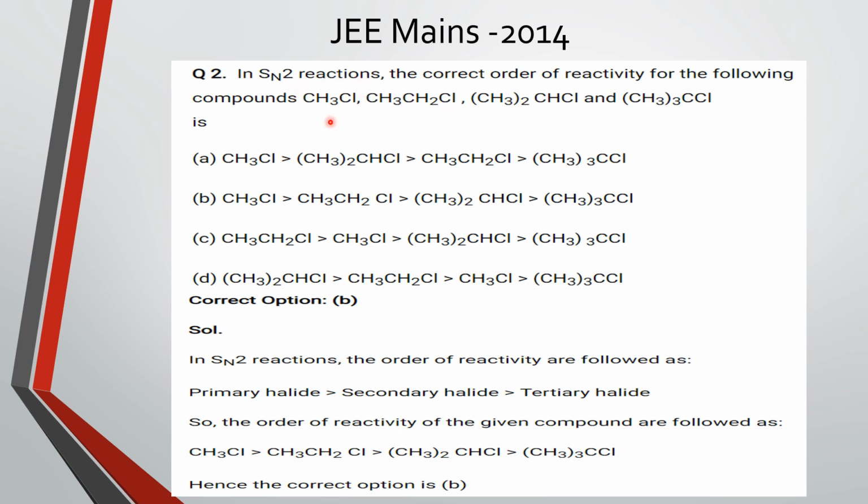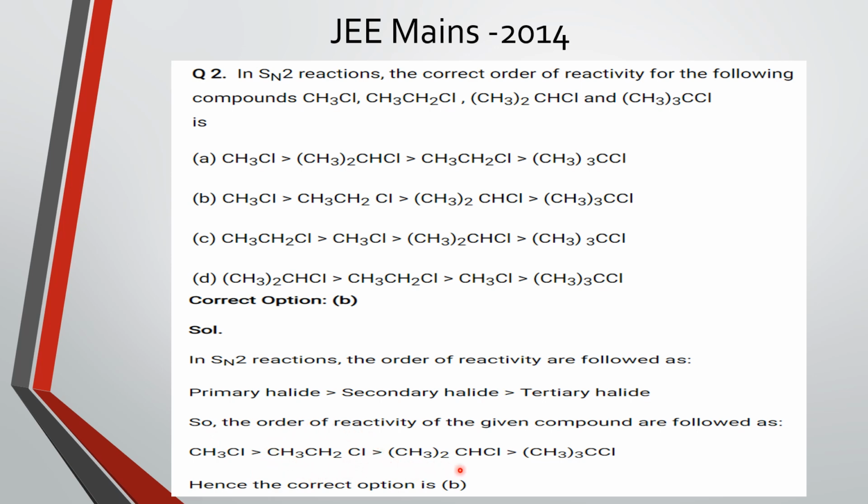And here this CH3Cl is methyl chloride, this is a primary alkyl halide, this is a secondary alkyl halide, and this is a tertiary alkyl halide. So the order will be: CH3Cl will be more reactive as compared to the primary alkyl halide, that is ethyl chloride.